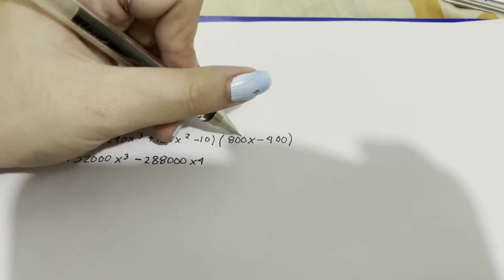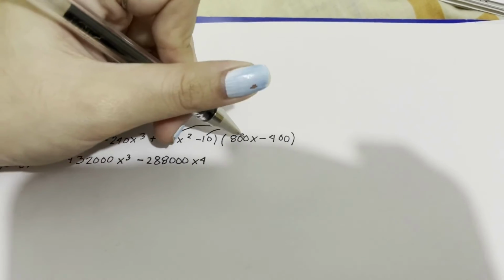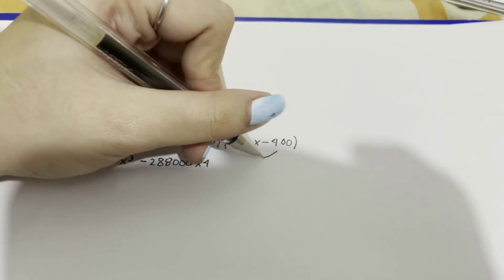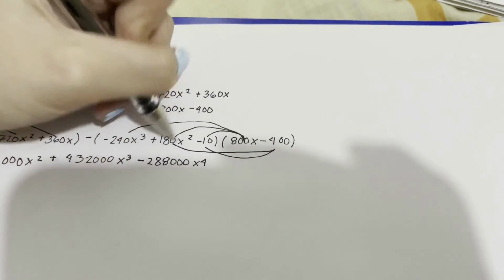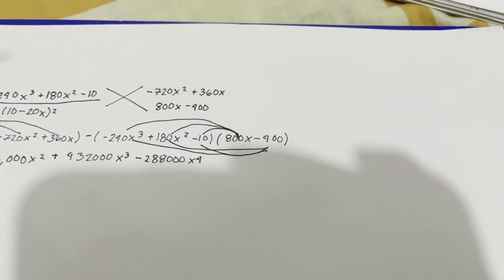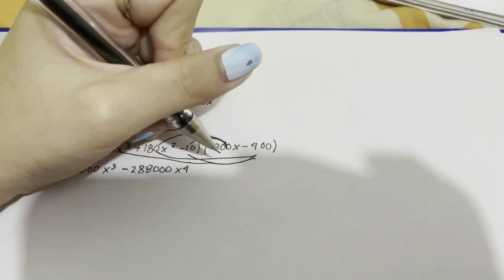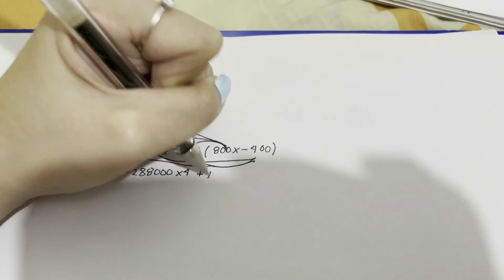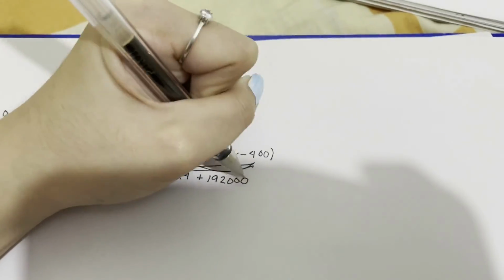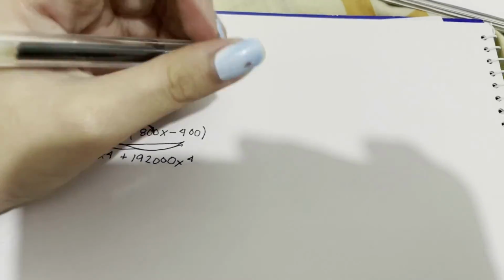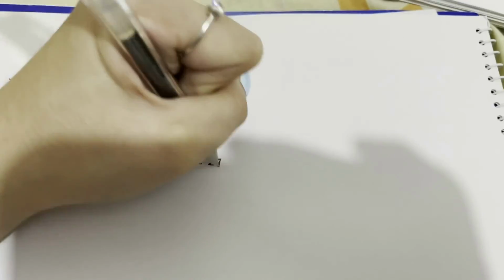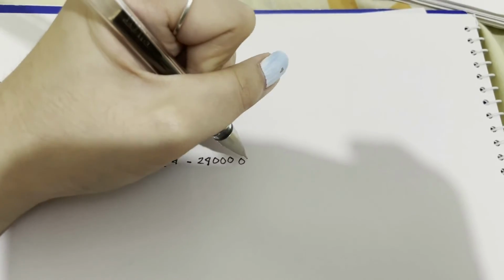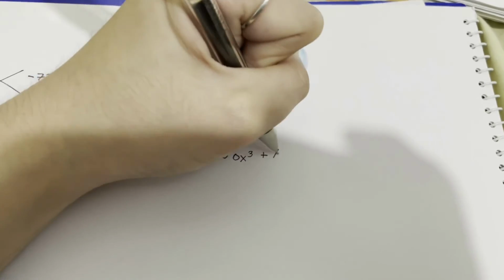And when we multiply (negative 240x cubed plus 180x squared minus 10) times (800x minus 400), the simplified product is 192,000x to the power of 4 minus 240,000x cubed plus 72,000x squared plus 8,000x minus 4,000.